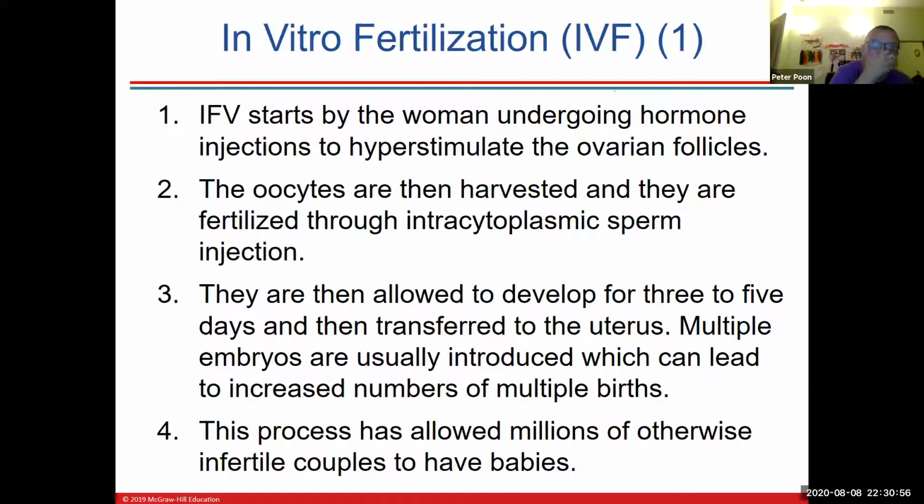But sometimes it takes, and sometimes you have multiple embryos that take, and that increases the numbers of multiple births. Twins happen, triplets happen, quadruplets, quintuplets, and octuplets.